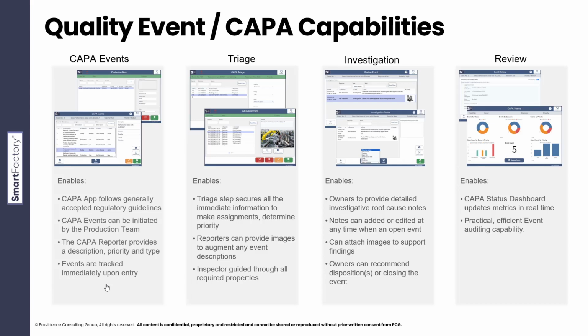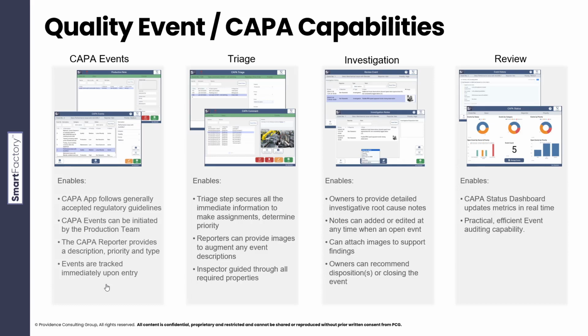It gives the assigned investigator opportunities to report on various potential root causes of the CAPA event, and then creates a scenario for the reviewer to take a look at that investigation, make a determination of the disposition of that quality event, and also generate a CAPA summary that provides a dashboard for all users to evaluate.